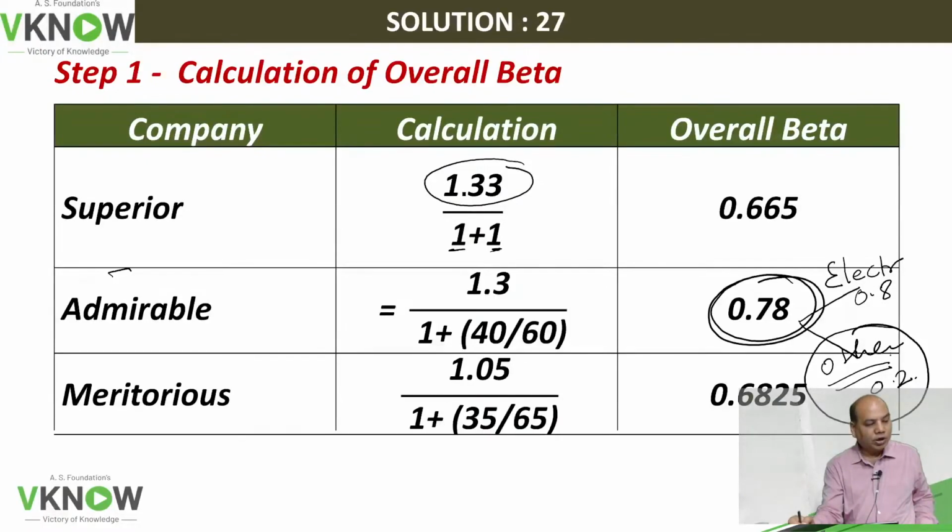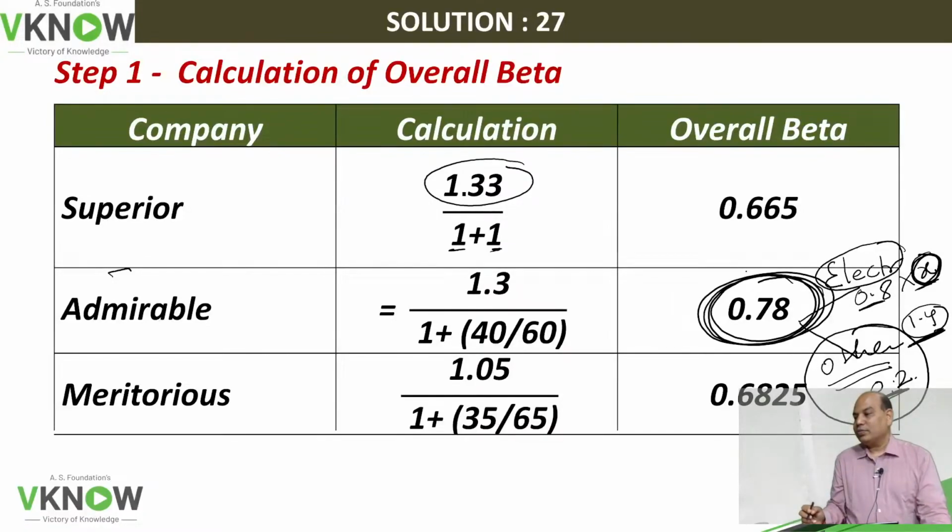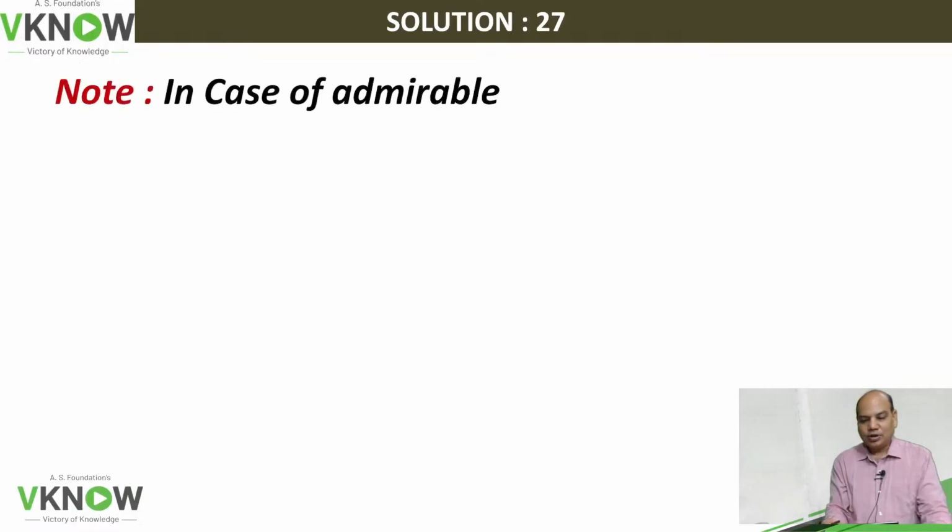The overall beta of other business is also given, which is 1.4. So you have to find the overall beta of electronics business: 0.8 into x plus 0.2 into 1.4 equals 0.78.